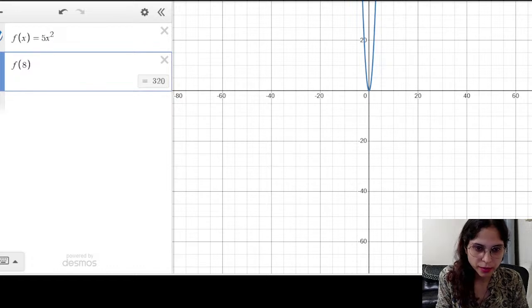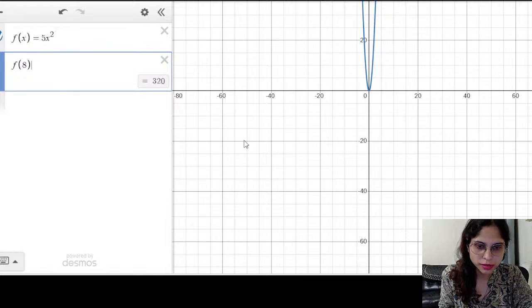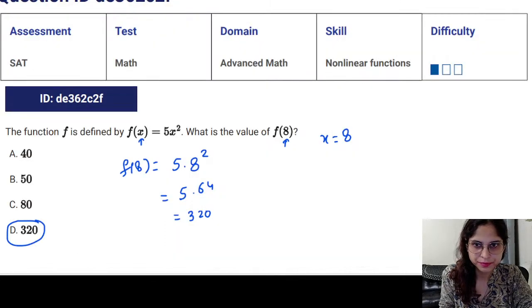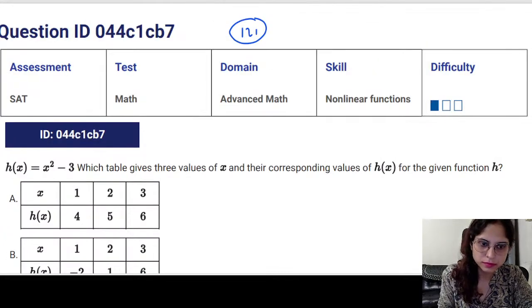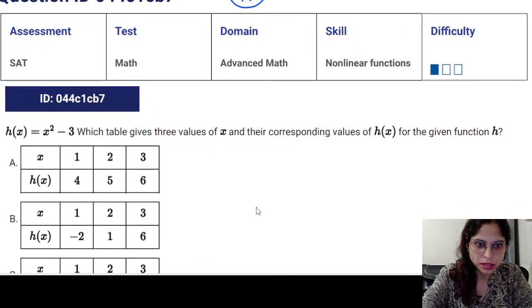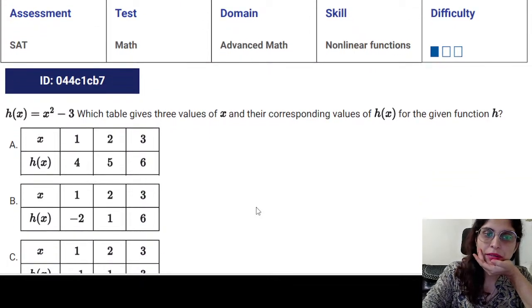Now the next question is 121, that will be on page number 122. This one is also an equation: h of x equals x squared minus 3.